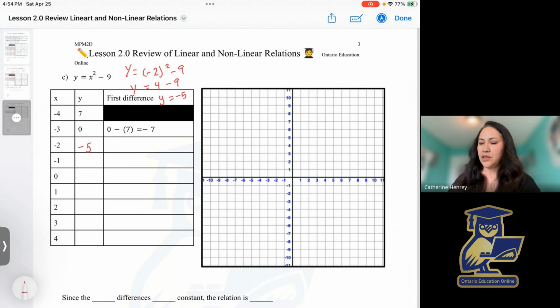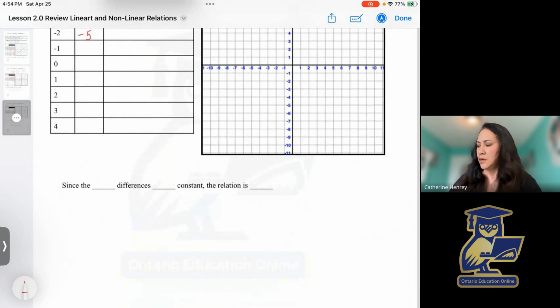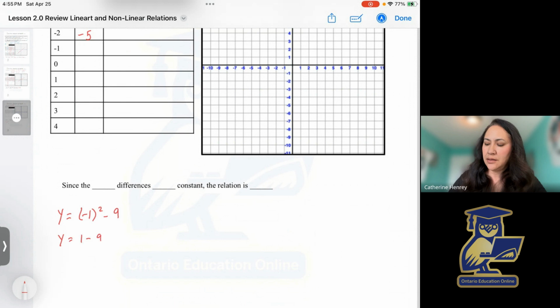I'm going to scroll to the bottom to do a few more examples. And we're going to plug in -1 next. So y is equal to -1 squared minus 9. y is equal to 1 minus 9. y equals -8.